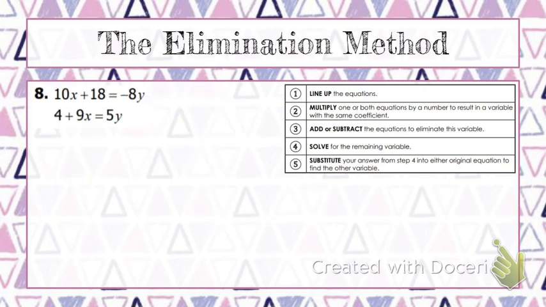And the final example for this video is number 8. We are going to first put things in order, line up the equations. For this one, we want to move the 8y to that side and move the 18 to this side. No, that's right.